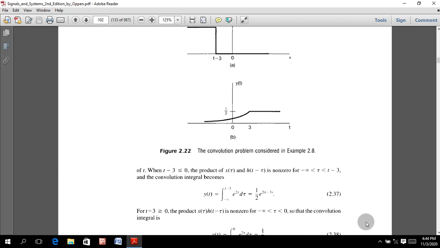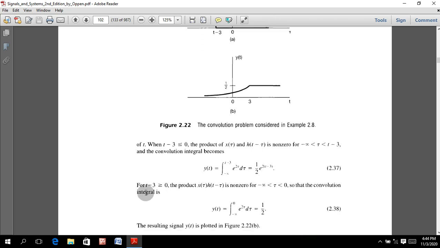So the convolution sum is y(t) equal to the integral from minus infinity to t minus 3 of e to the power 2 tau d tau, and after integrating we will get half e to the power 2(t minus 3).